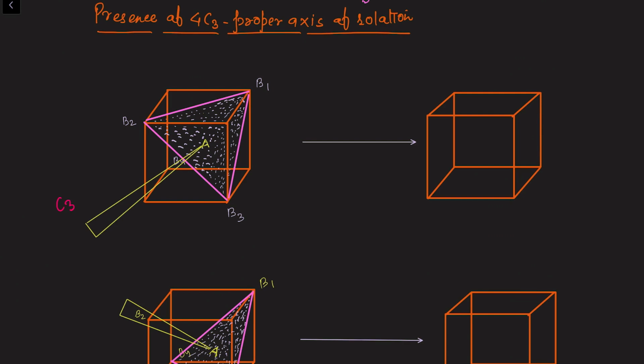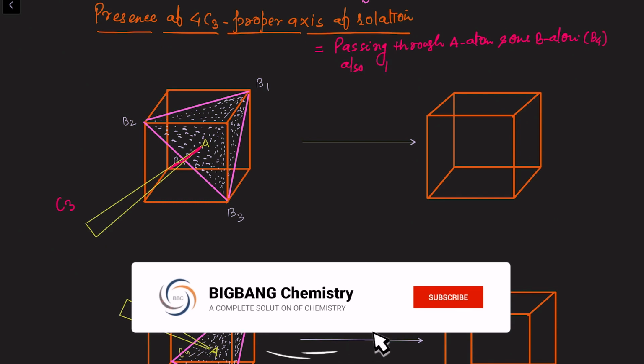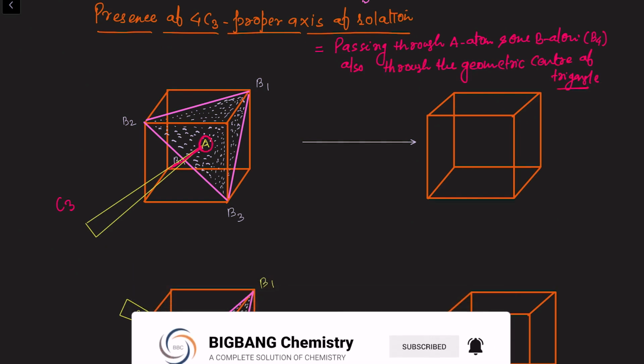Now check how you will describe this C3 proper axis of rotation. See that this C3 is passing through the A atom and one B atom, which is the B4 atom here, right? And also through the geometric center of the triangle. This is the geometric center of the triangle, right?